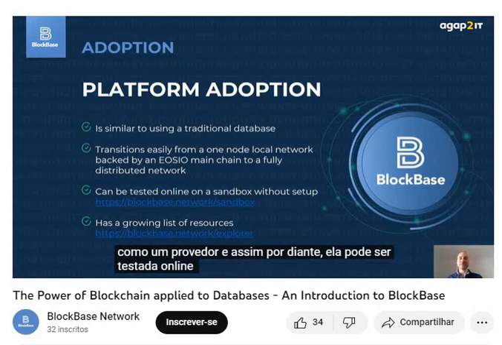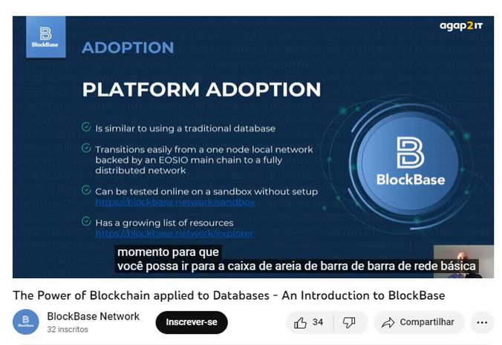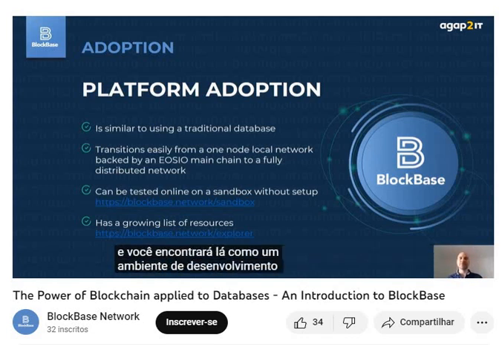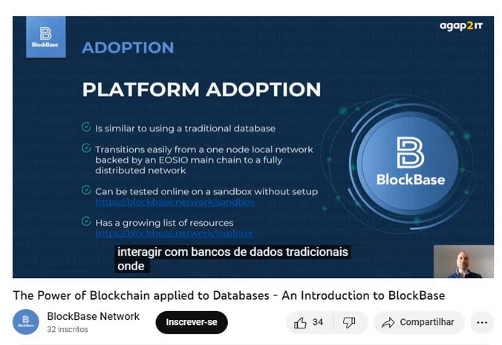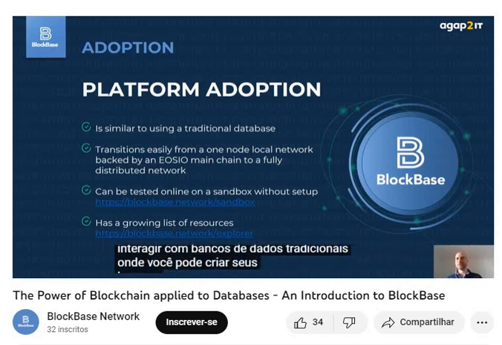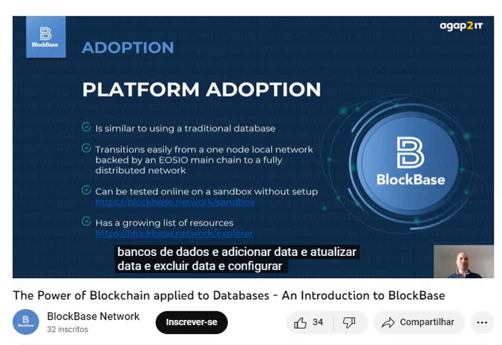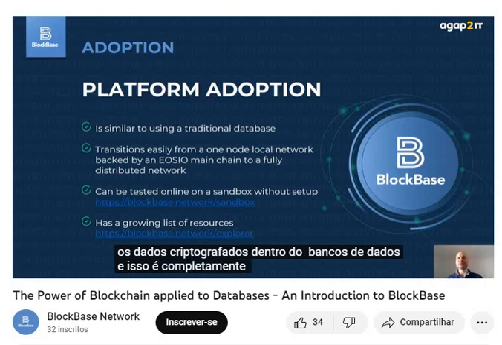It can be tested online without setup at the moment, so you can go to BlockBase network /sandbox, and you'll find a development environment very similar to a development environment for interacting with traditional databases, where you can create your databases and add data and update data and delete data and configure the tables and the columns and so forth, and play with the encryption of data and see the data encrypted inside the databases. And this is completely without setup.